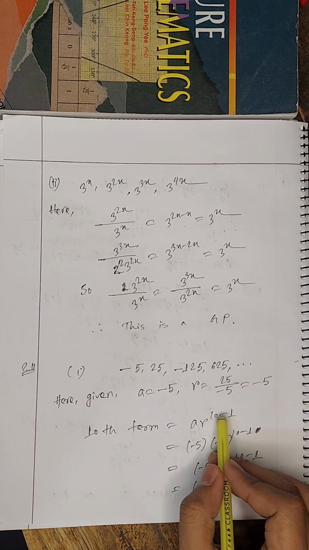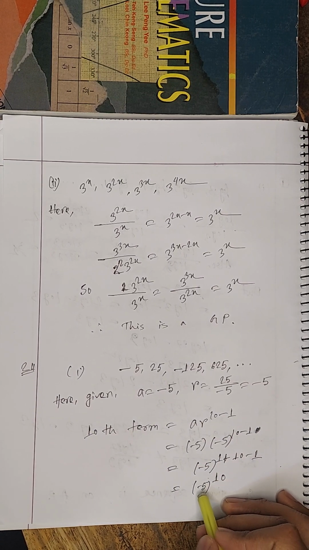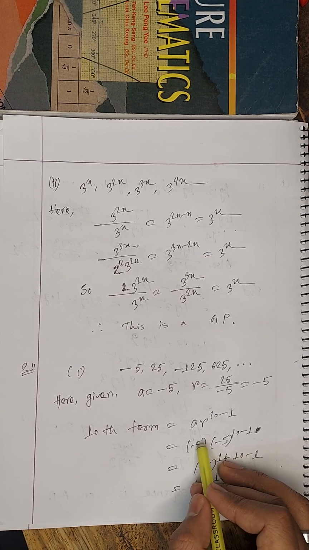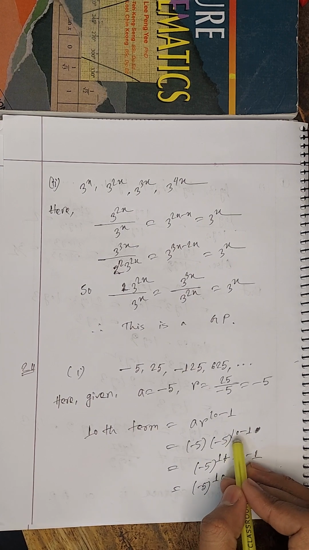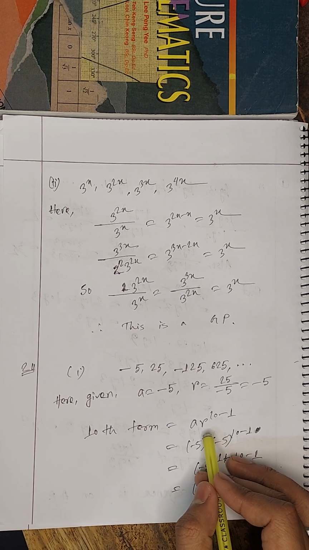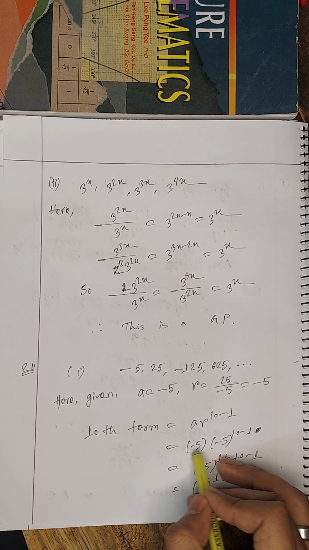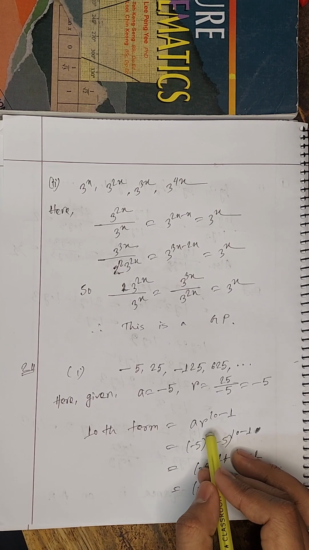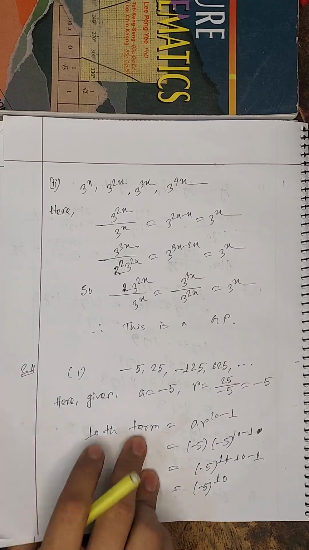So AR to the power 10 minus 1, and our 10th term is minus 5 to the power 10, because here the power of minus 5 is 1, and the power of minus 5 again is 10 minus 1. So when the base is the same, we can add the powers here, right? 1 plus 10 minus 1.